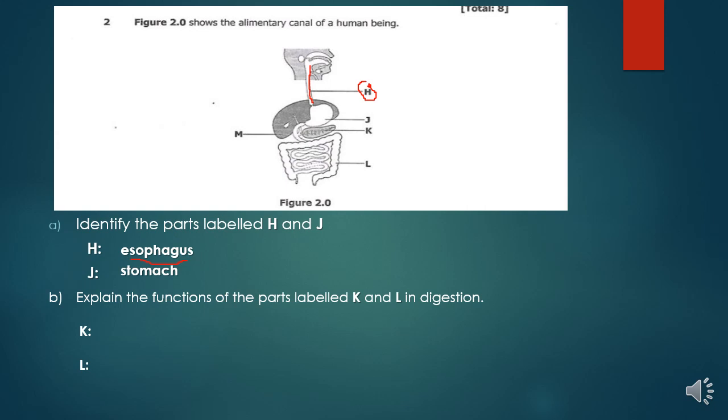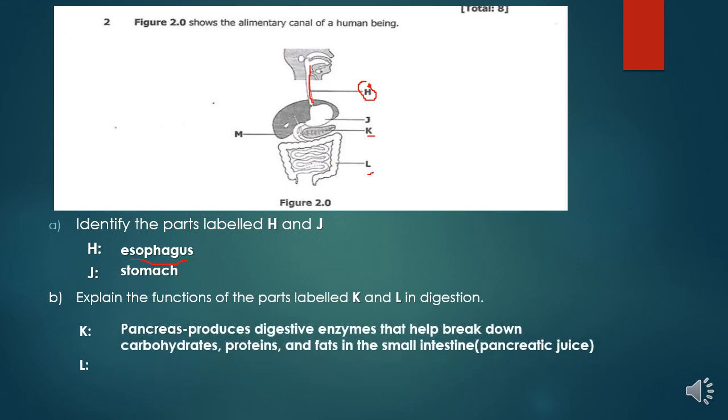And we go to the second question, B. Explain the functions of the parts labeled K and L in the digestive system. So we have K, and we also have L. K is the pancreas, and its main function is to produce digestive enzymes that help in the breakdown of carbohydrates, proteins and fats in the small intestines.